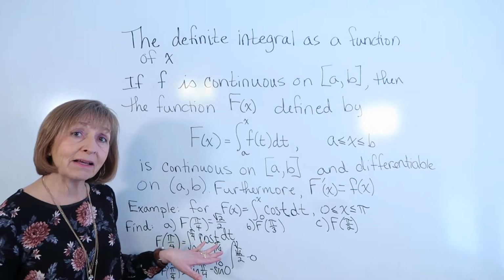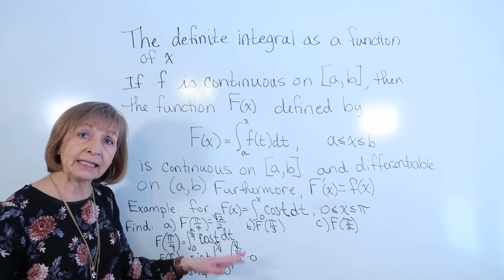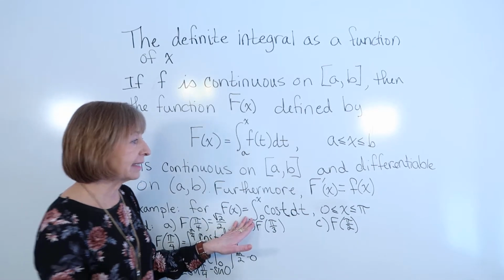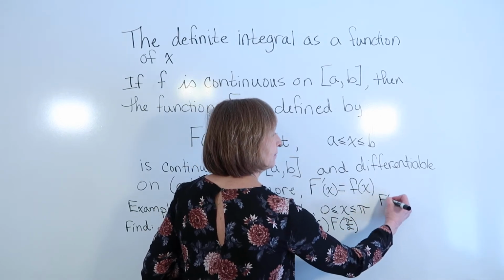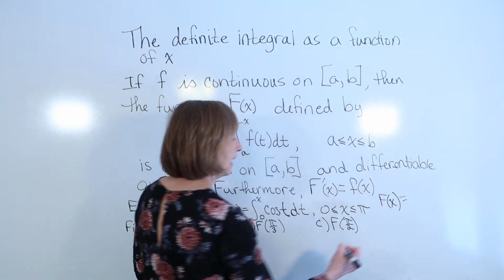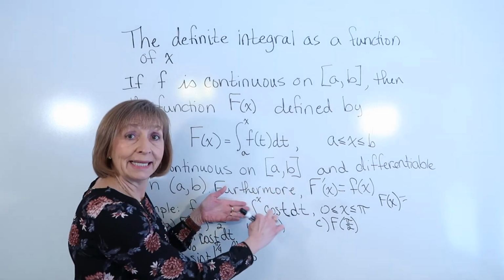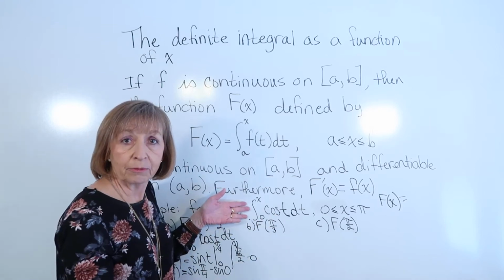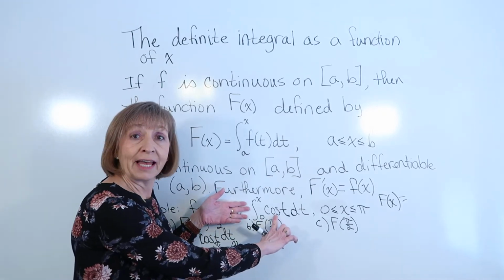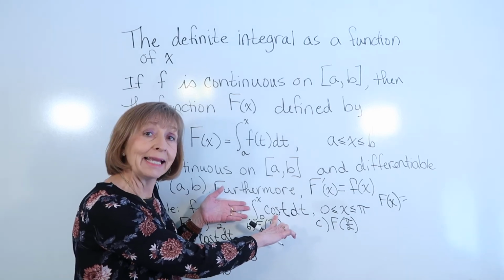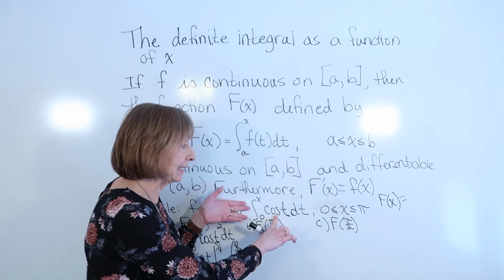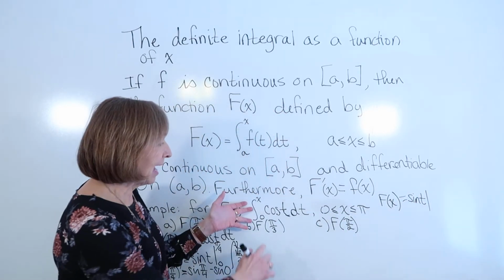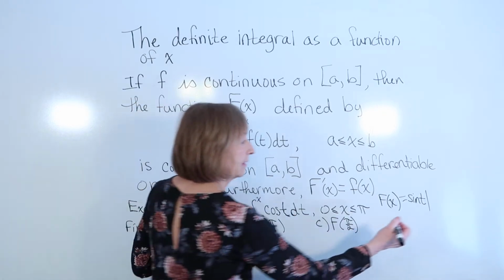So here, instead of plugging it in and integrating it anew each time, what we could do is look at this capital F of x and think about how we would integrate this using the Fundamental Theorem of Calculus. So we are going to find an antiderivative of cosine t. An antiderivative of cosine t is sine t. But I'm going to evaluate that from 0 to x.